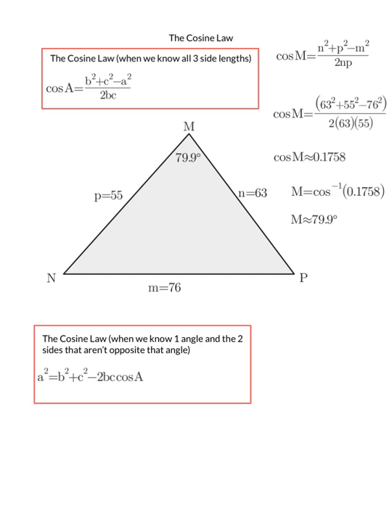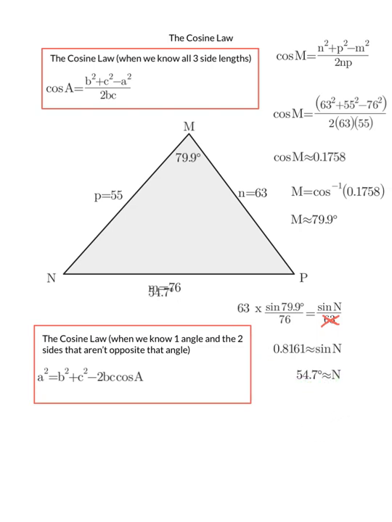We can do that quickly because we've already gone through this in the video, and we have sine of 79.9 degrees divided by 76 is equal to the sine of, let's say, big N divided by little n, 63, and we're going to rearrange and move that over, find that the sine of n is equal approximately 0.8161, which means that capital N is equal to approximately 54.7 degrees.